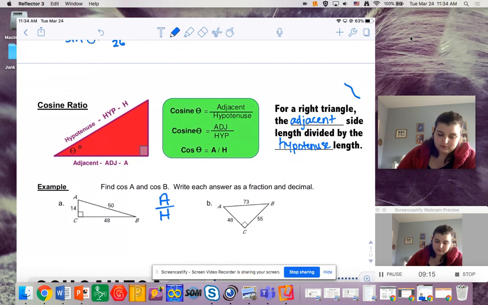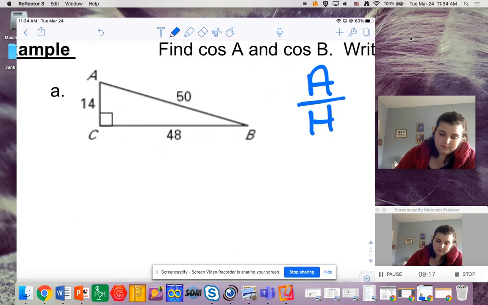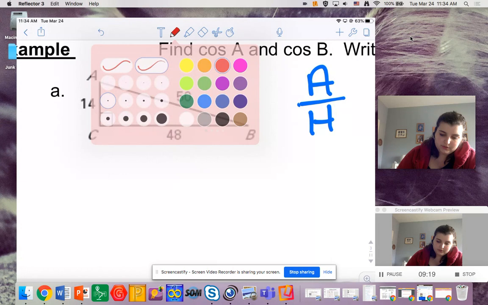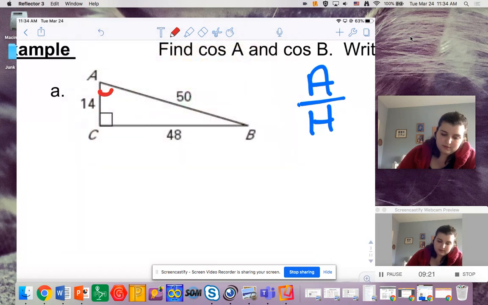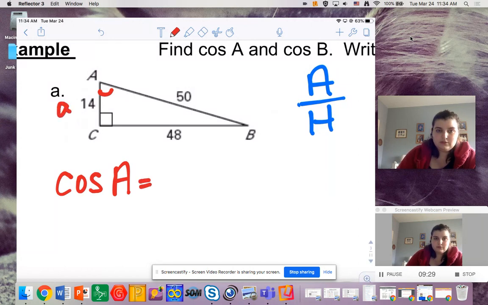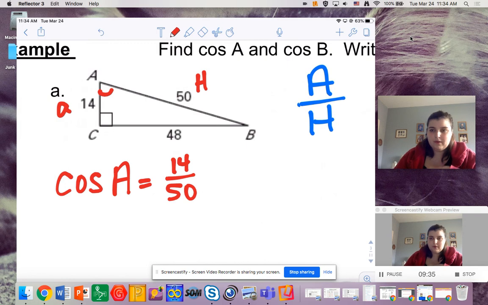Adjacent, hypotenuse. So first things first, cosine of A. So the cosine A is adjacent, so the 14 is next to it, and the 50 is the hypotenuse. So 14 over 50. You have opportunities to reduce these and all kinds of things. Unless it asks you to do it, don't bother.